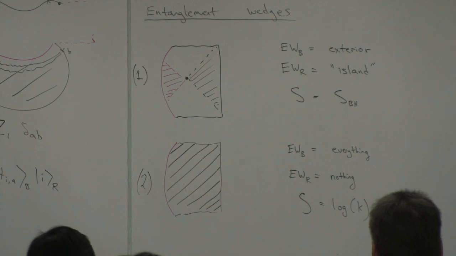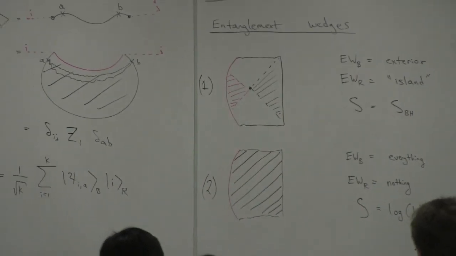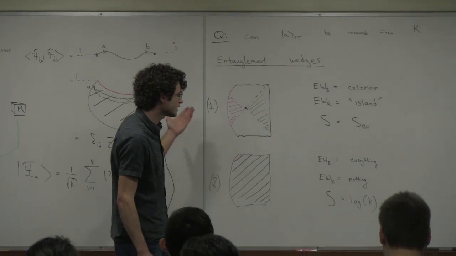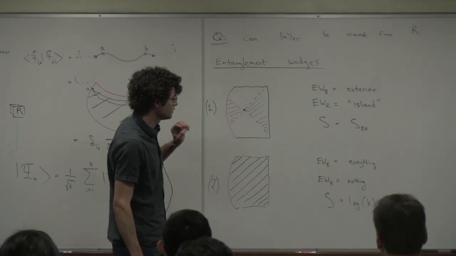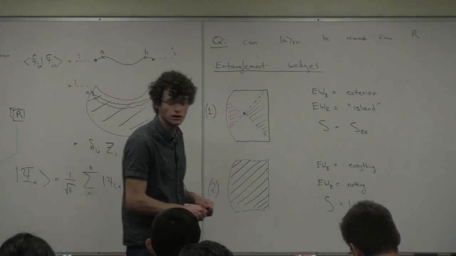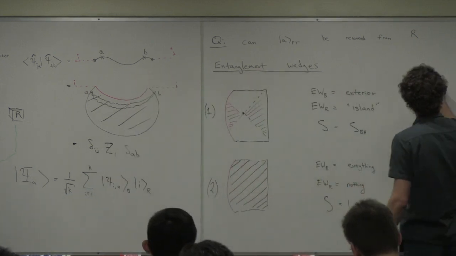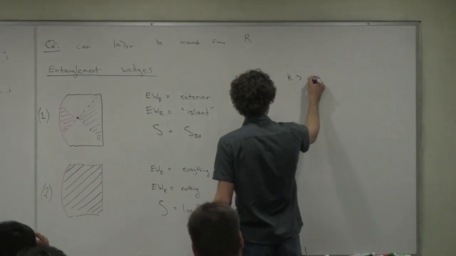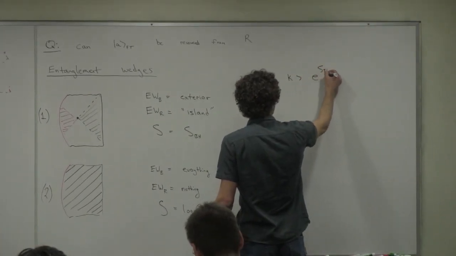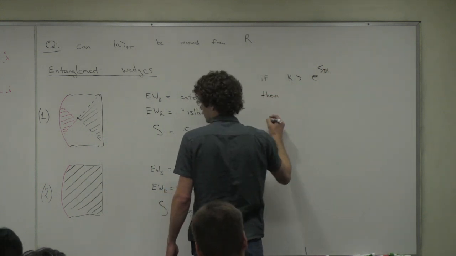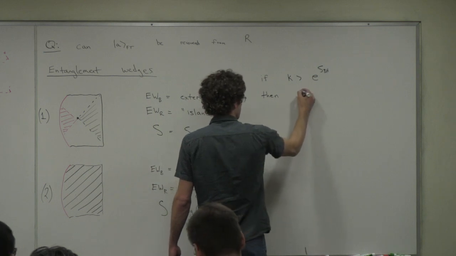So these are our two candidate extremal surfaces, and the prescription in computing holographic entanglement entropy is that you're supposed to take the surface with the least entropy. So in particular, if k is ridiculously large, bigger than e to the entropy of the black hole, then surface 1 wins.